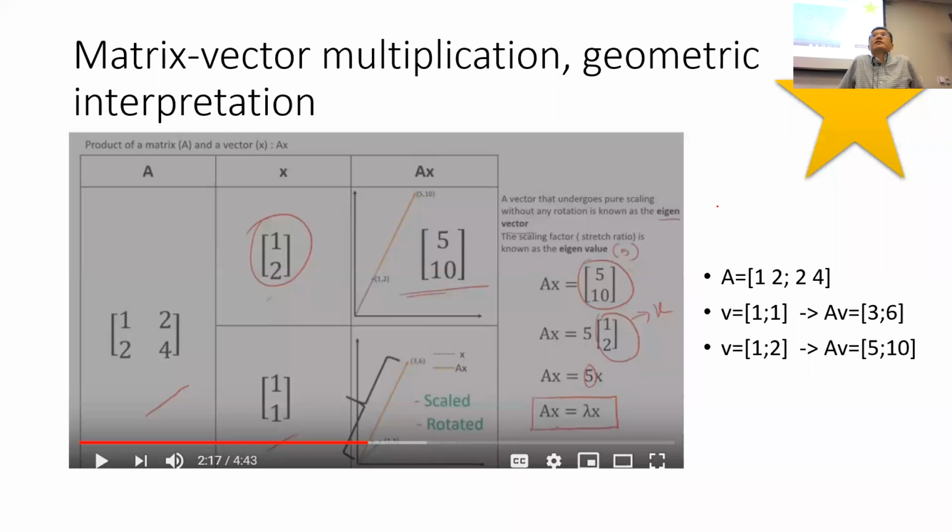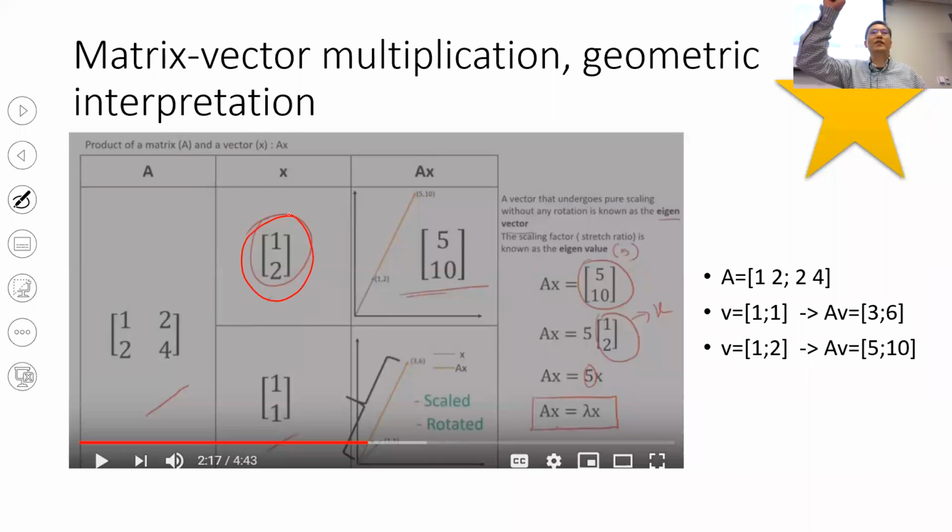Okay, we will look at this example, then we take a break. Now, imagine you have a scenario with a data point. So X is in the position 1, 2. It's here. Can you multiply this vector by a matrix A?